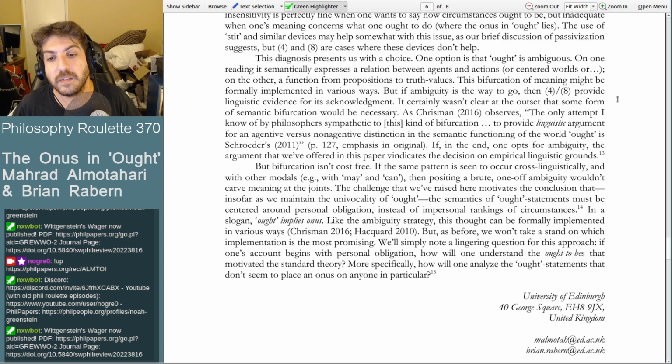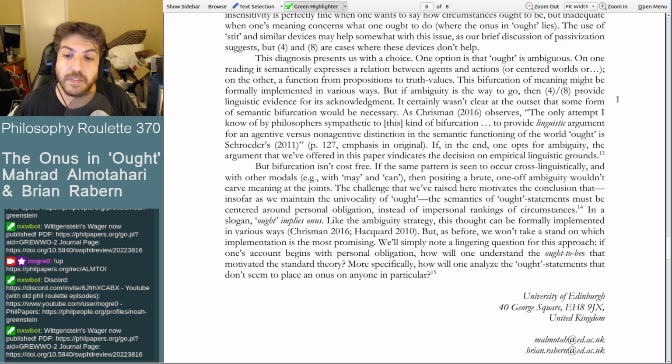It certainly wasn't clear at the outset that some form of semantic bifurcation would be necessary. As Kriesman observes, the only attempt I know of by philosophers sympathetic to this kind of bifurcation to provide a linguistic argument for an agentive versus non-agentive distinction in the semantic functioning of the word ought is by Schroeder 2011.